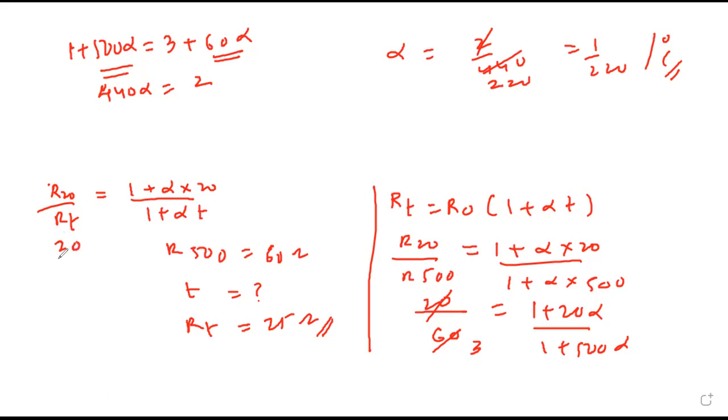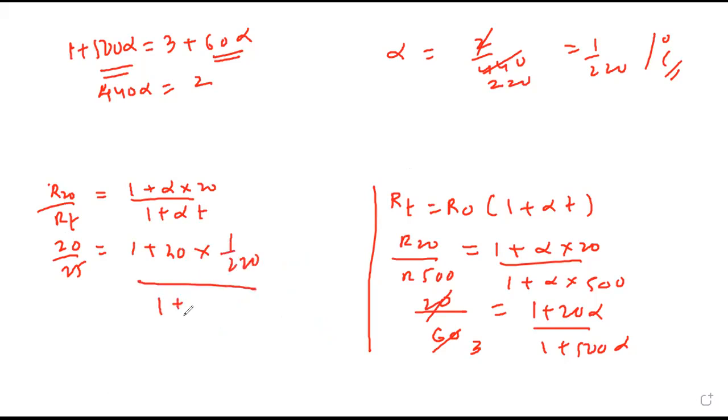R20 is 20 and RT is 25, equals (1 plus 20 into 1 upon 220) upon (1 plus 1 upon 220 into T).